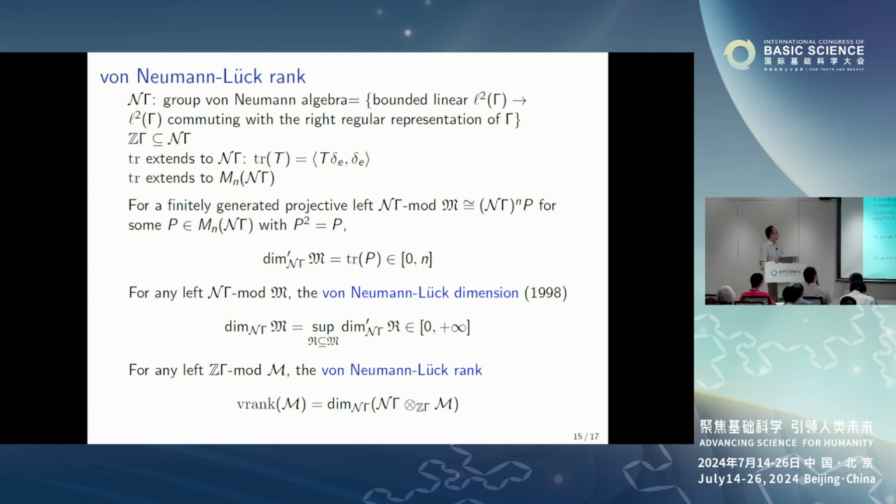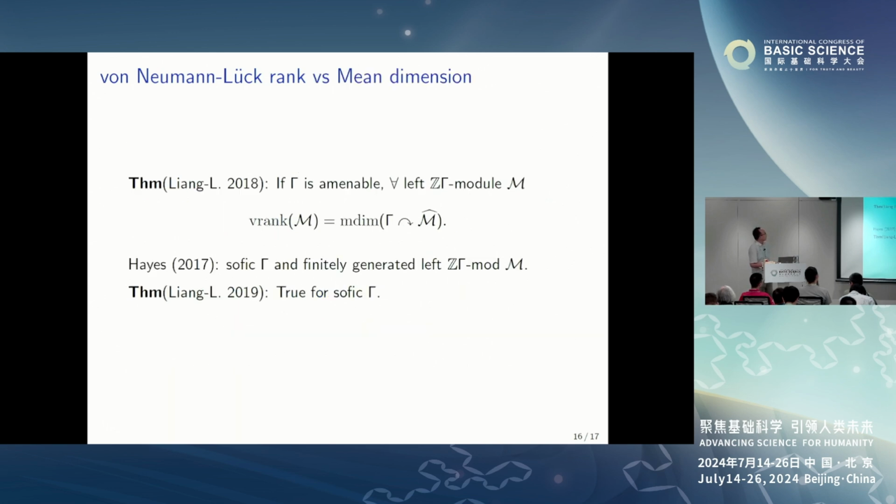Now this is for modules over the von Neumann algebra, but for an integral group ring module, you simply take the tensor product, make it into a module of the von Neumann algebra, then you take the dimension. That's the von Neumann rank. Then with Bingbing Liang, we showed that when gamma is amenable, for any module, the von Neumann rank is actually equal to the mean dimension.